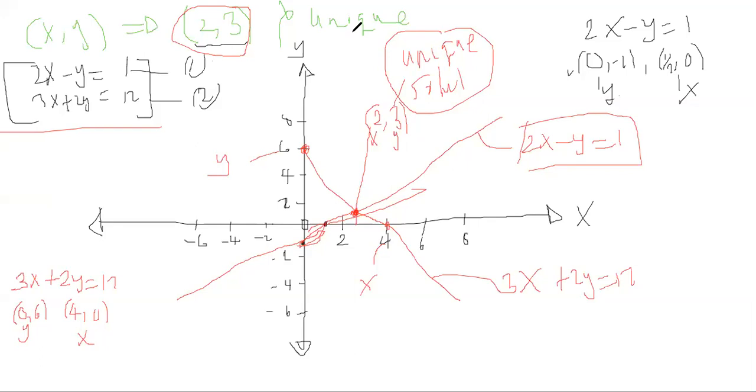The first one that we looked at is a unique solution, where x equals 2 and y equals 3. So let's look at a situation whereby the system has no solution, where the solution of the linear system of equations doesn't exist.